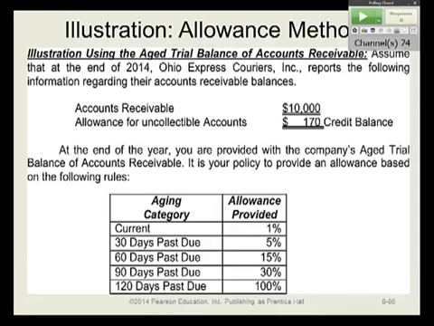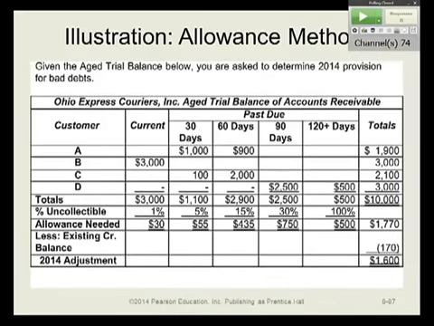Now, what we're going to wind up doing is taking a look at our receivables, and if you remember, when you look at an aging, there's a couple of things that should be logical, that if your total receivables are $10,000, this is coming from your subsidiary ledger.